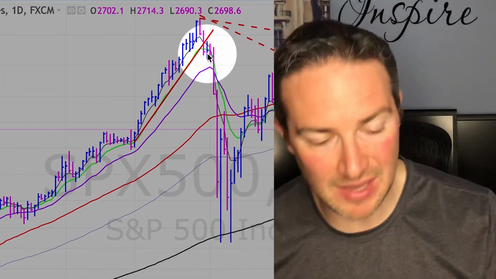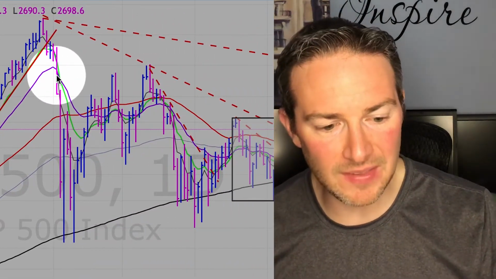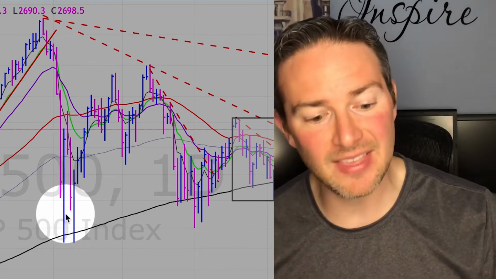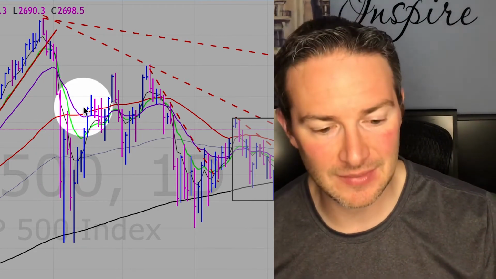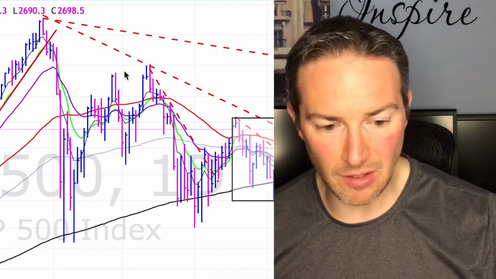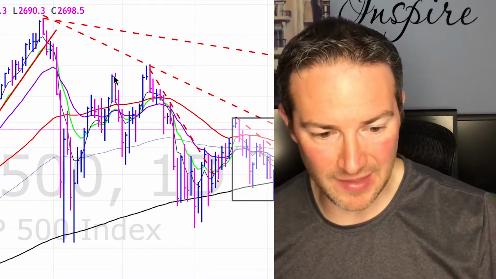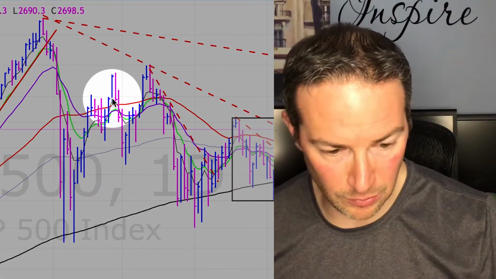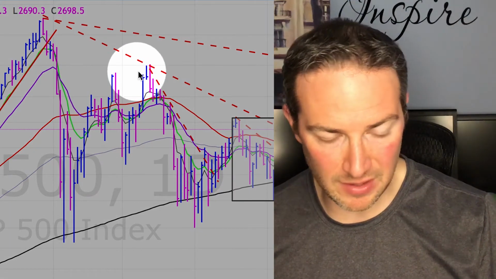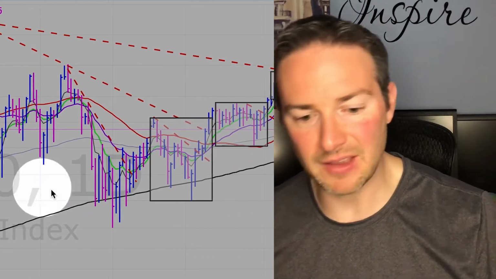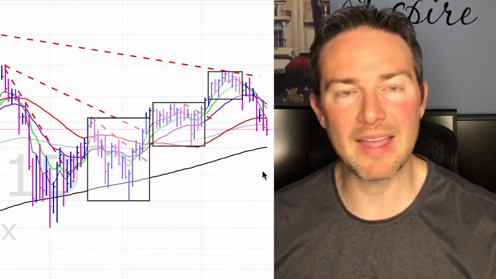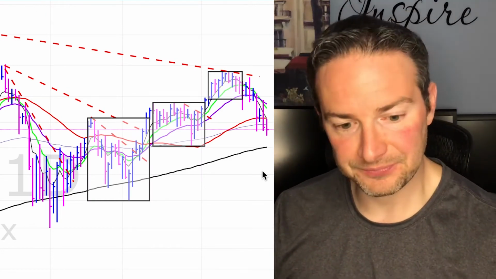Over here, we could see that the sellers started to regain control and we got this violent sell-off. From there on, you get this sideways action, really going back all the way to this section over here in March, and it's just chopping around sideways for the past 3-4 months.